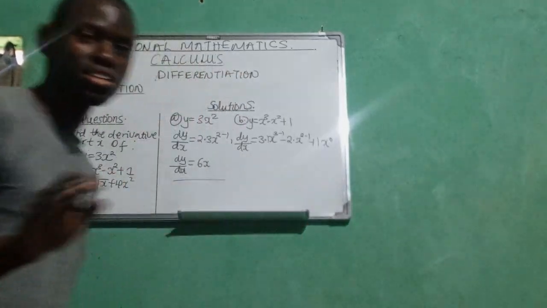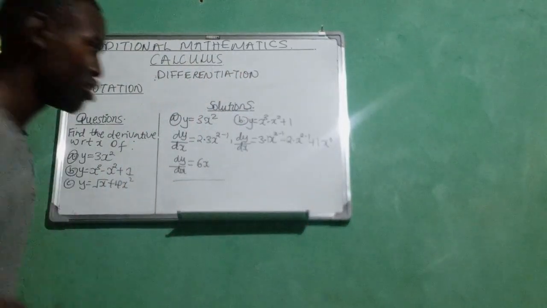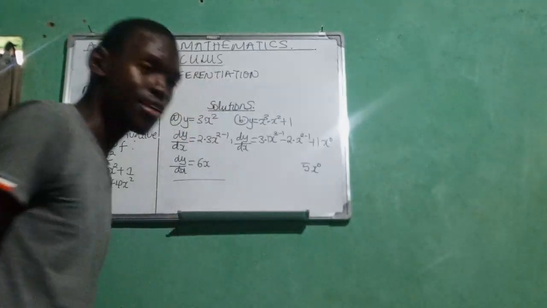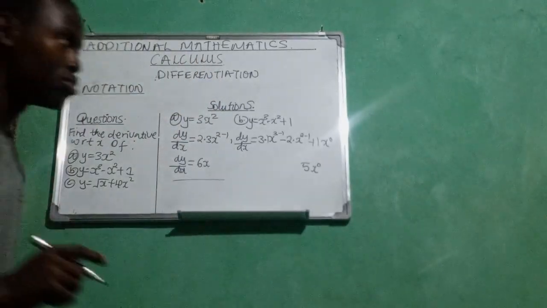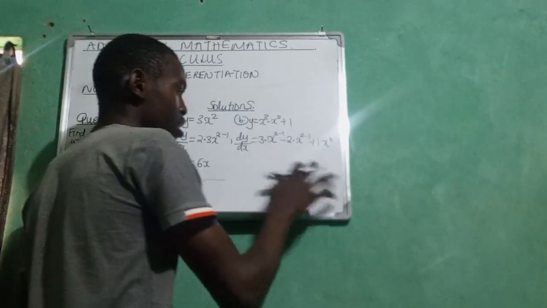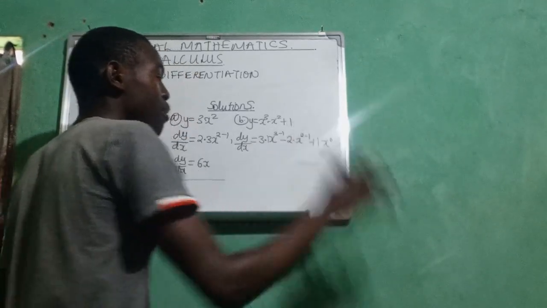That is why we don't write it. Anything to the power 0 is simply 1. So even if it was 5, there would be an invisible x raised to the power 0. So it would have been plus 5. We would have just written plus 5. Now in this case, it is plus 1 x to the power 0.